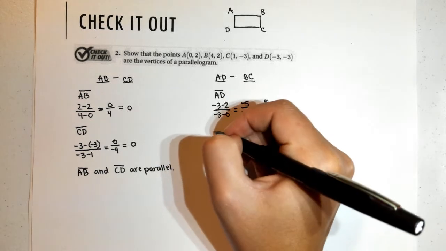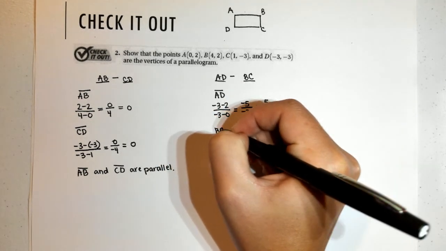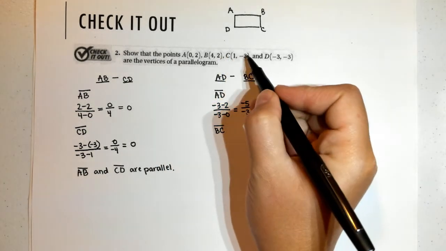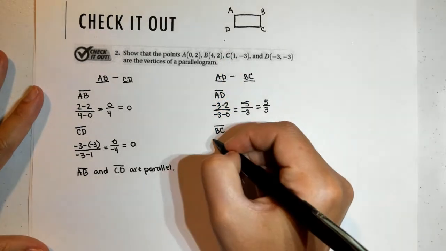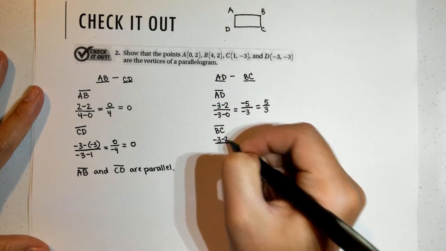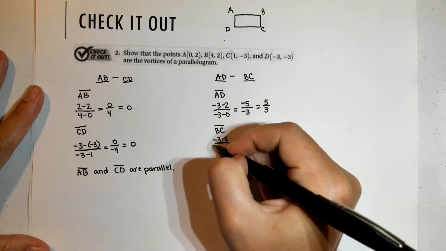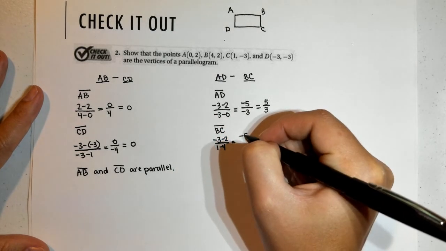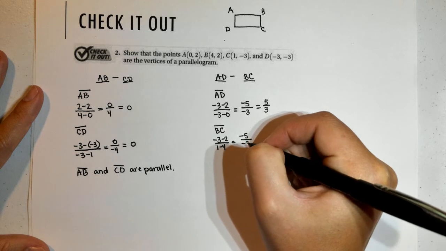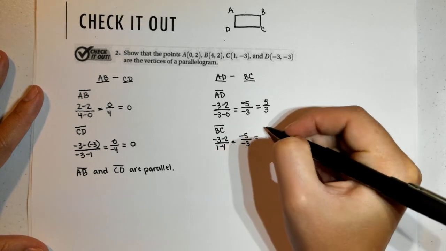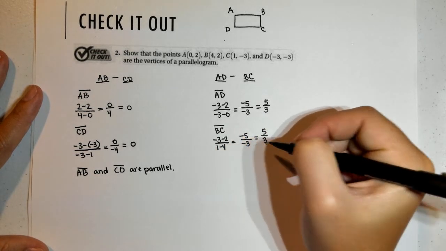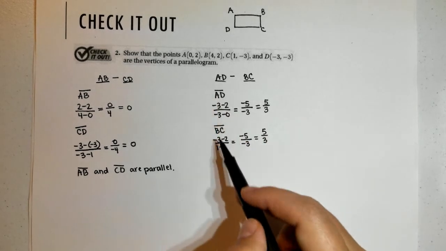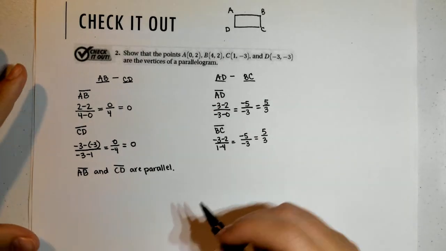Now I need to do line BC. So I have negative 3 minus 2 over 1 minus 4. Negative 3 minus 2 is negative 5. 1 minus 4 is negative 3. And again, a negative divided by a negative is a positive. So both AD and BC have the slope of 5 over 3.